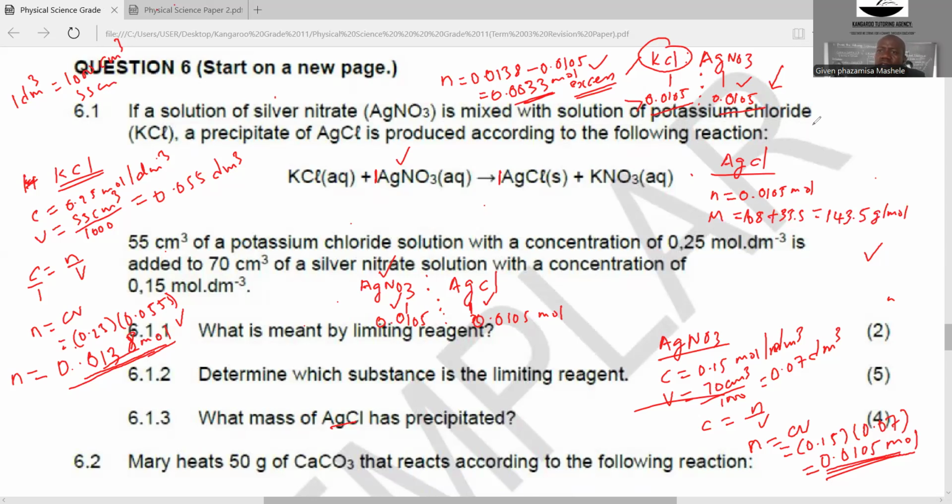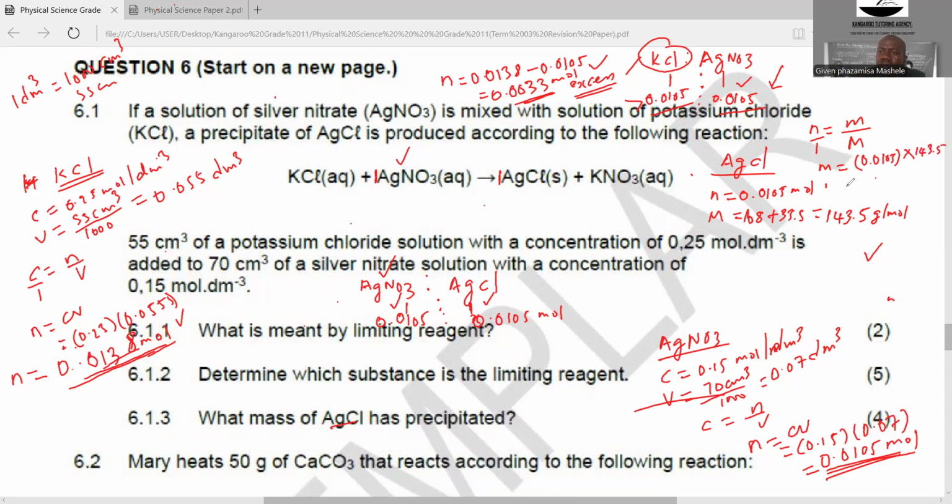We want to know the mass. So we're going to say, the number of moles is the mass over the molar mass. Now we can cross multiply to get the mass. So the number of moles we know is 0.0105. Then we're going to multiply by the molar mass, which is 143.5.